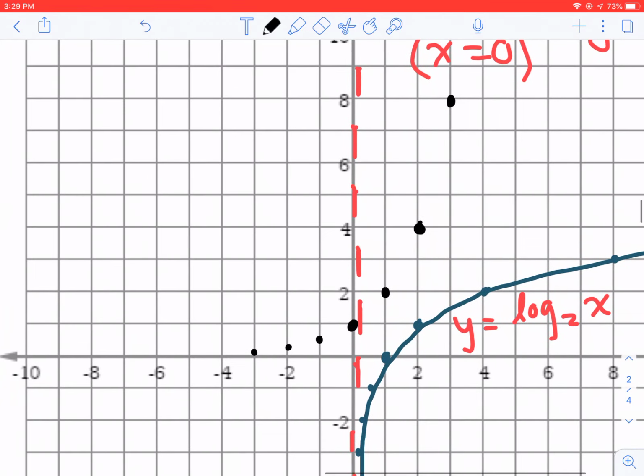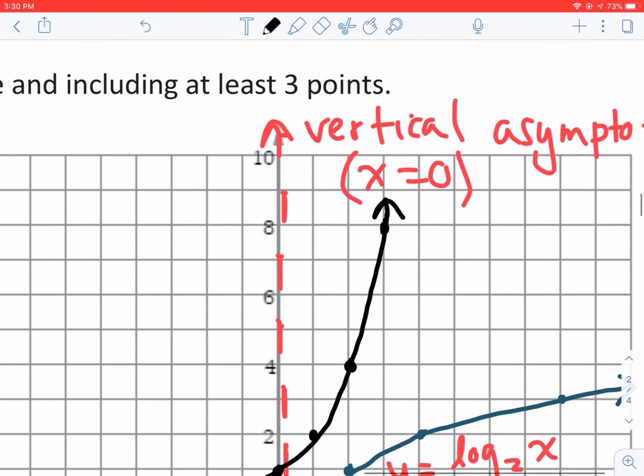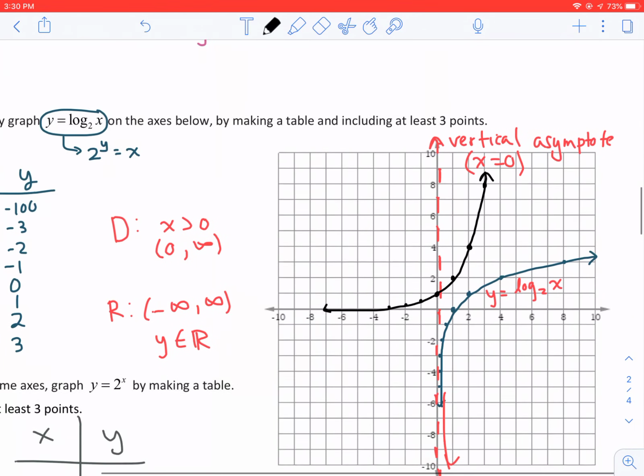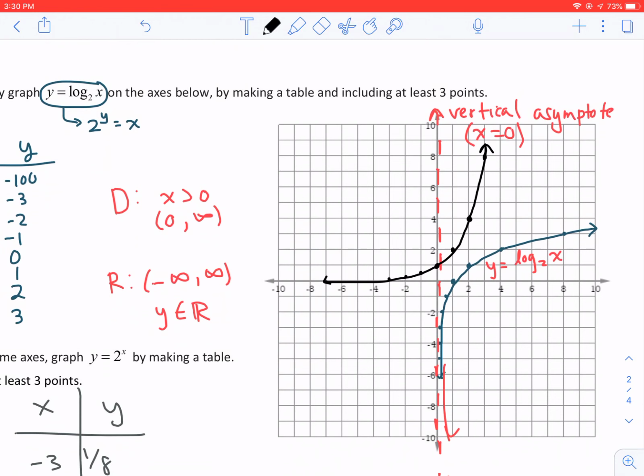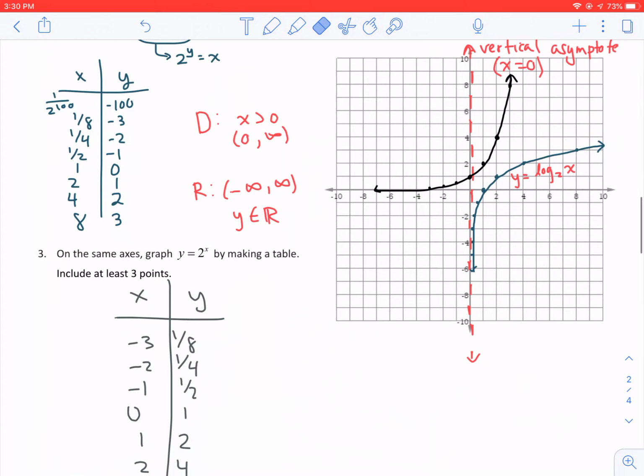Right? Same idea is happening here. Except it's going to be a horizontal asymptote in this case. I'm not going to draw that in, but do we see what is happening with our graphs? Do we see what is happening with our tables?